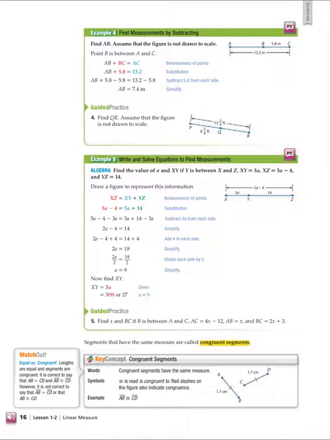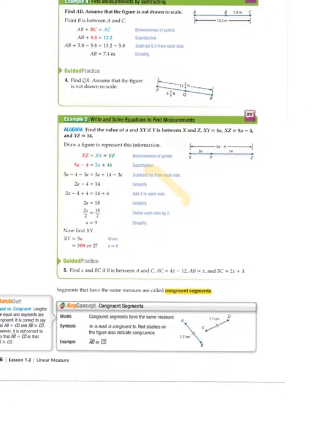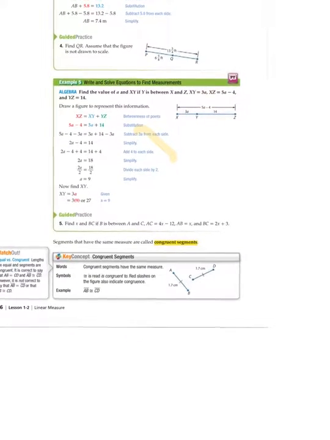Okay, there's some more examples here you can follow through. I want to look at example 5 first. Give me some scrap paper down here area to work. All right, find the value of A and XY.